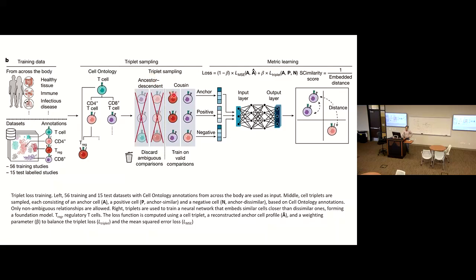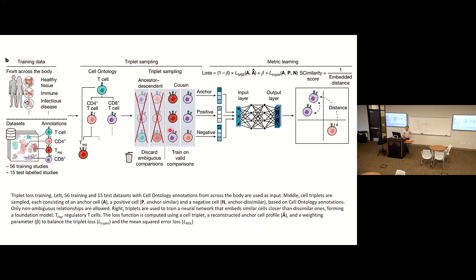This training data includes three cells for each training sample. One is called the anchor cell, which they will use as a reference later. And then use a cell which is positive, belonging to the same category as your reference, the anchor cell.